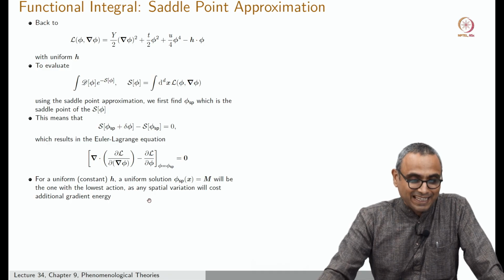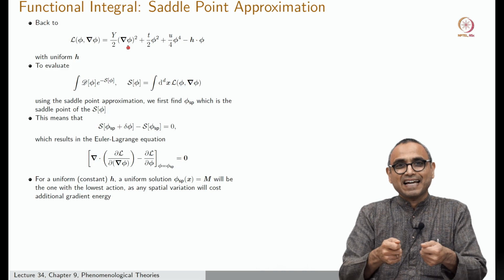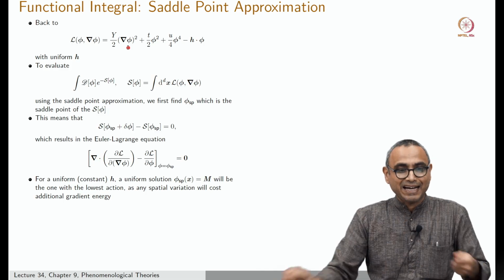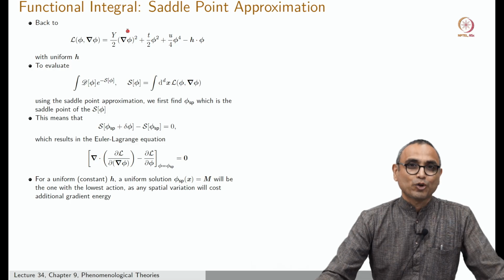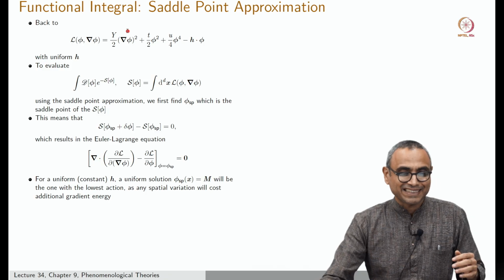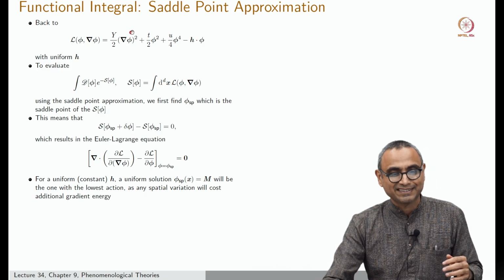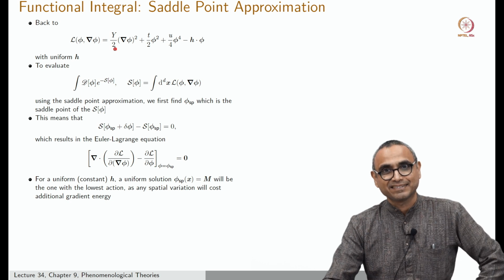How do we see that? If I want to minimize the energy here, every instance I have a gradient of the field, I will pay this extra energy. So for any field, if I have extra energy associated with this term, then I will increase energy.